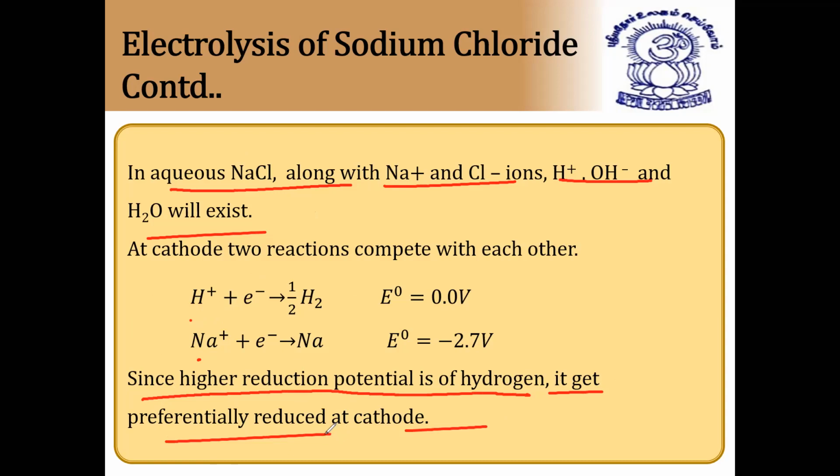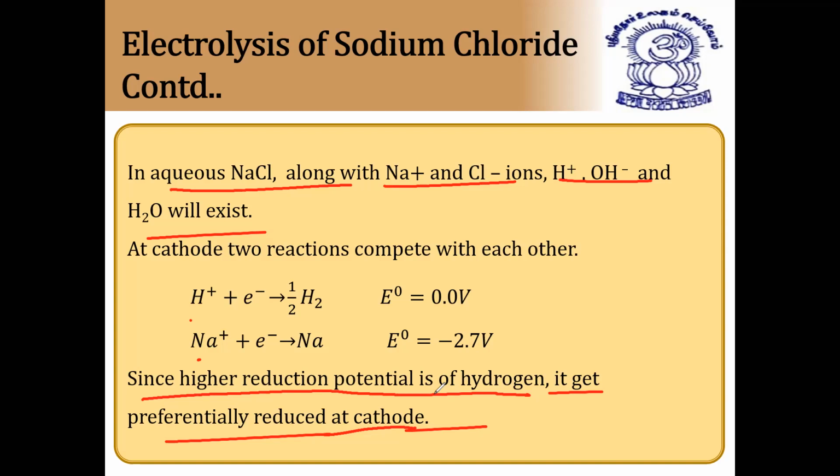Since the reduction potential of hydrogen is higher, it gets preferentially reduced at cathode. The EMF of sodium is minus 2.7 and the EMF of hydrogen is 0.0. So naturally H+ ions will go and deposit at cathode, and by gaining electrons they get converted into hydrogen gas. Sodium ions will remain in the solution, that is, in the electrolyte only.